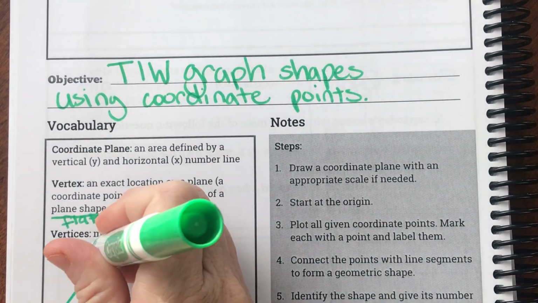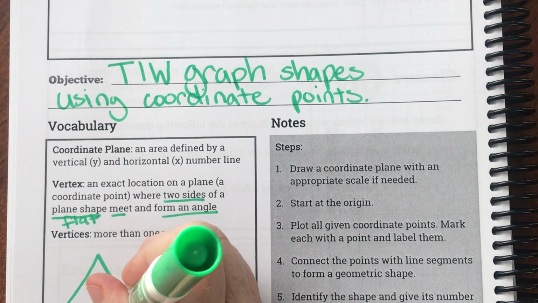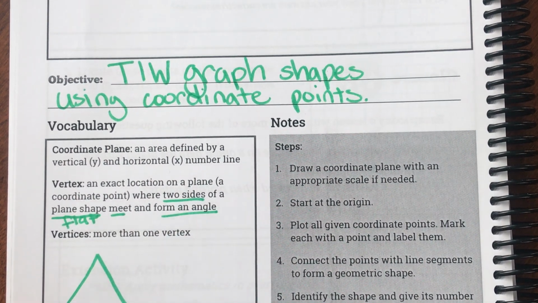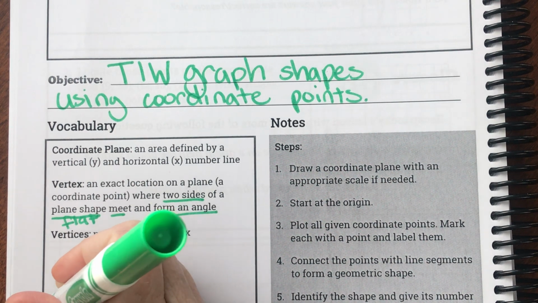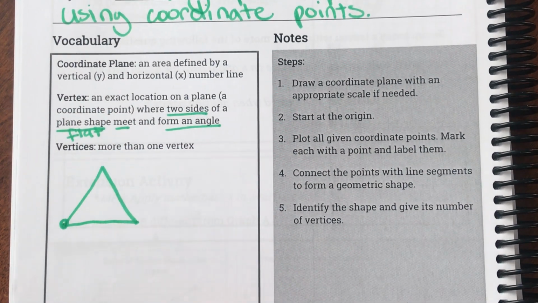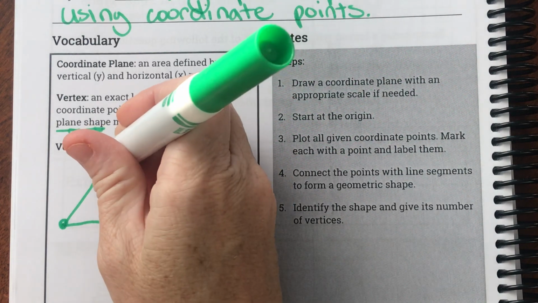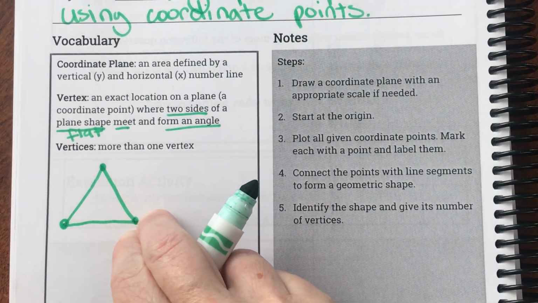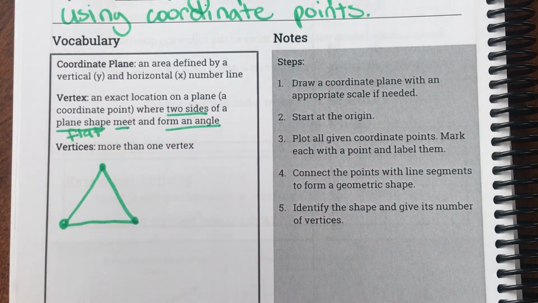So let's look at a triangle. A triangle, the two sides meet right here and form a point. That is called a vertex. Oops, sorry, I just realized you couldn't see that one. Okay, here, this would be also another vertex, because two sides meet at this point and two sides meet at that point.